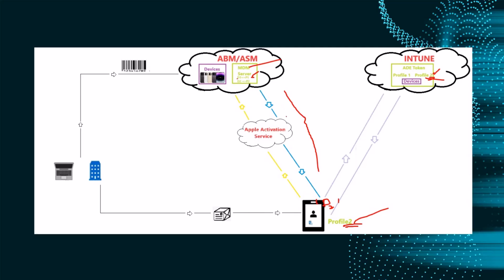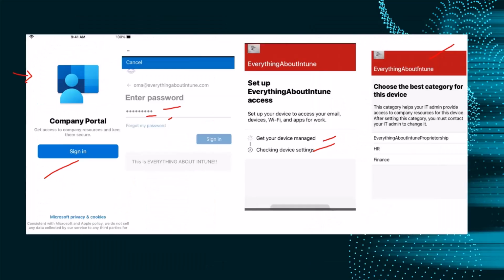Therefore, in this blue color over here, you are seeing that the device is getting a response from Apple, telling the device that this is your MDM URL, which in this case is the MDM URL of the Intune service. Therefore, in this step, the device is reaching out to this MDM URL and downloading the ADE profile.